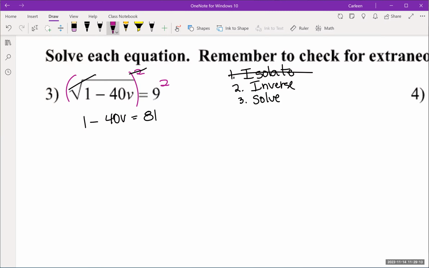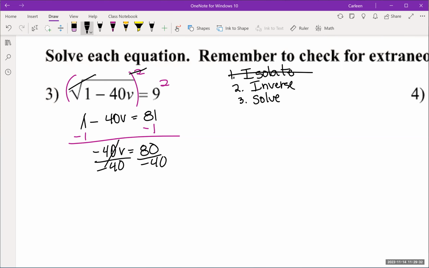Okay, subtract 1. Negative 40v is equal to 80. Divide by negative 40. V is equal to negative 2. Sorry, square root has 1 answer.